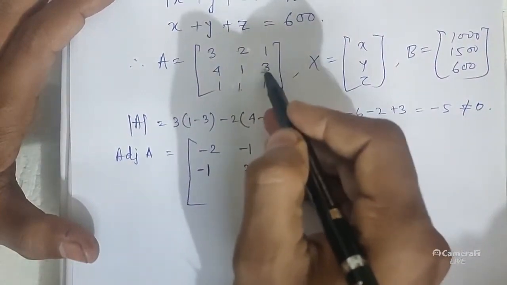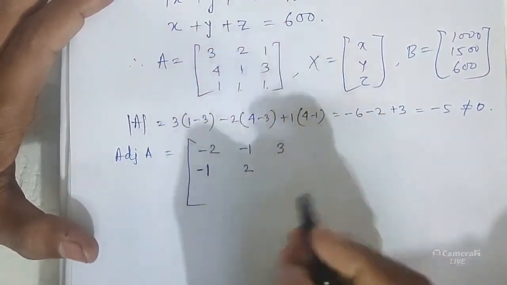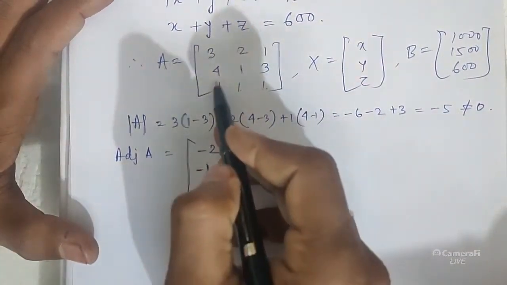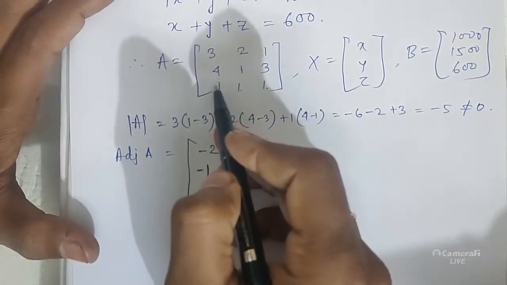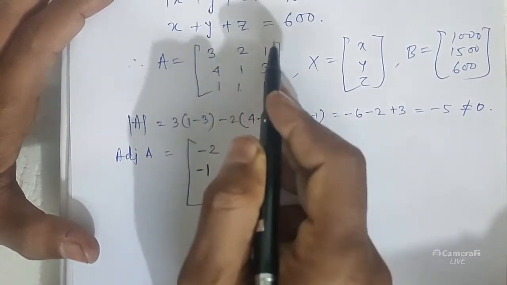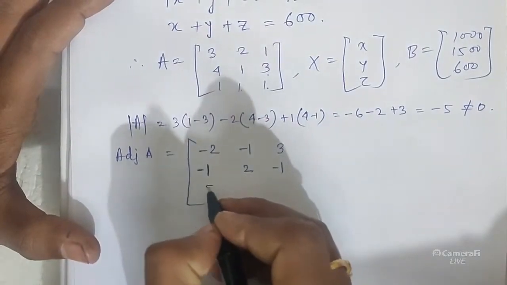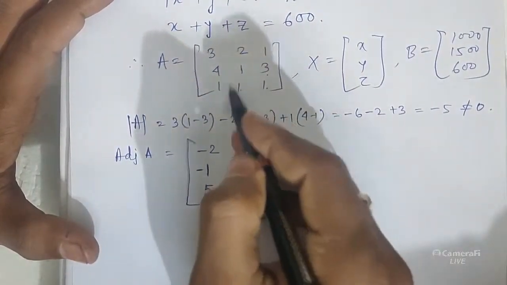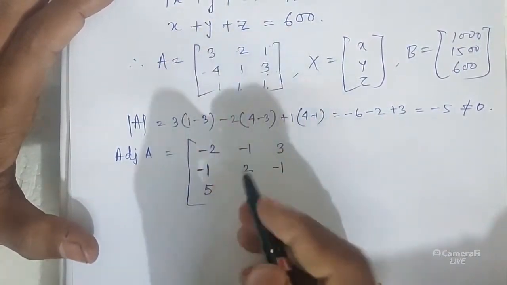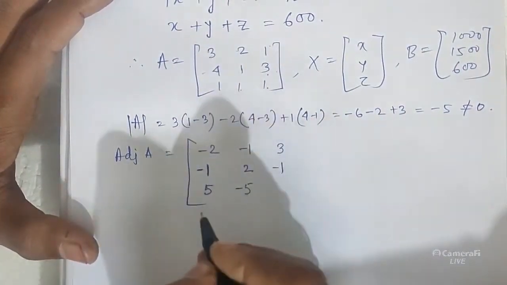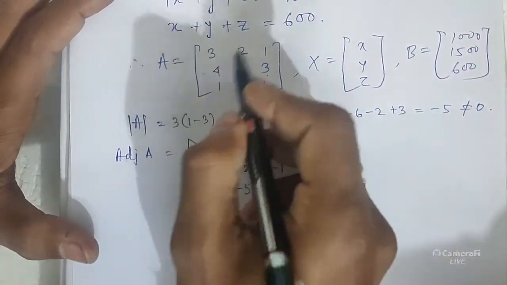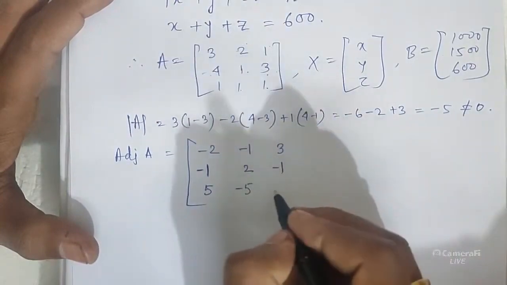For this element we are getting 3 minus 2, 1, sign is negative, so minus 1. Third row, first column, 6 minus 1, 5. 3, 2 element, 9 minus 4, 5, sign is negative, so minus 5. 3, 3 element, 3 minus 8, that is minus 5.